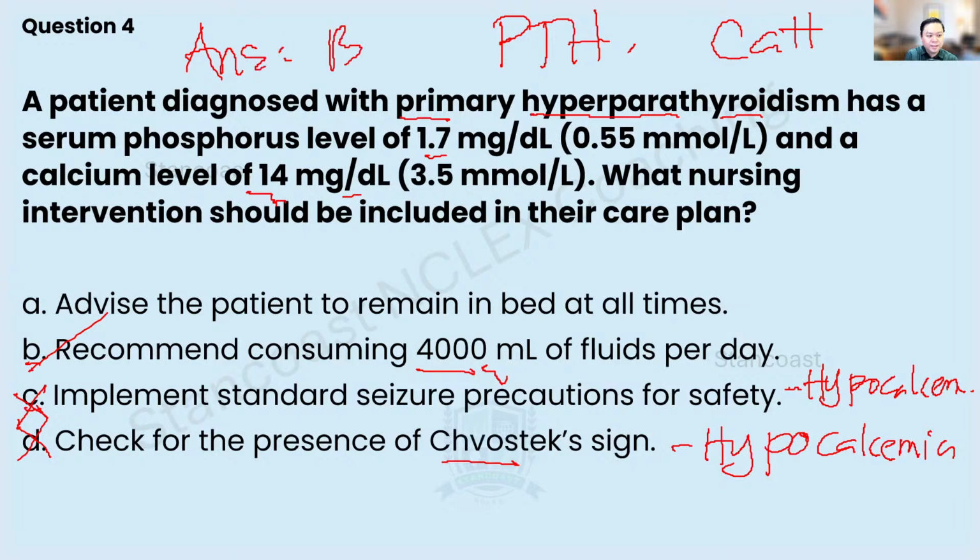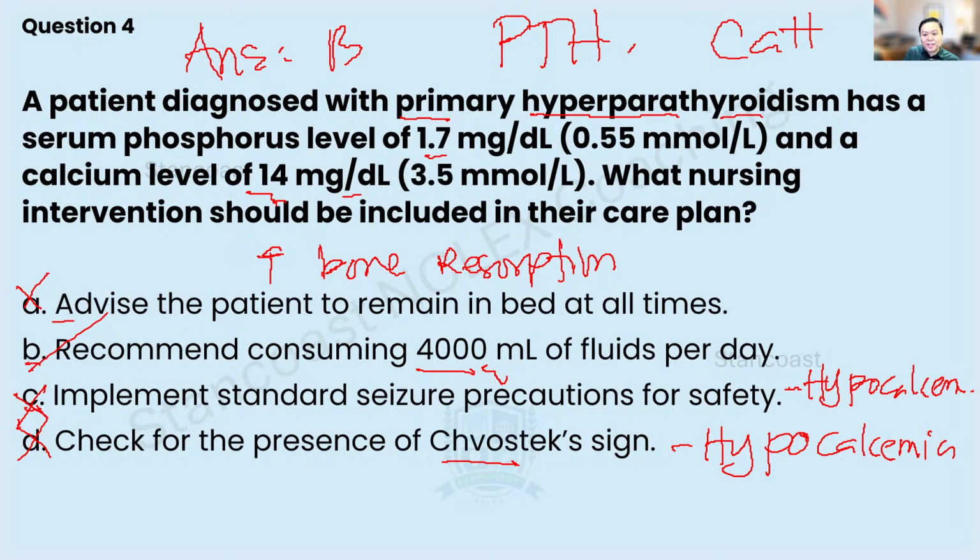Letter B. If you answered letter A, advise the patient to remain in bed at all times, this will cause more bone resorption. We know that if there is a decrease in weight-bearing activity, if the patient is mostly in bed, weight-bearing actually allows the maintenance of the bone structure.